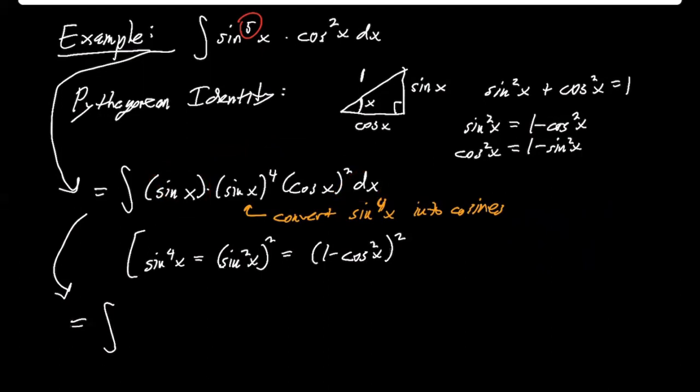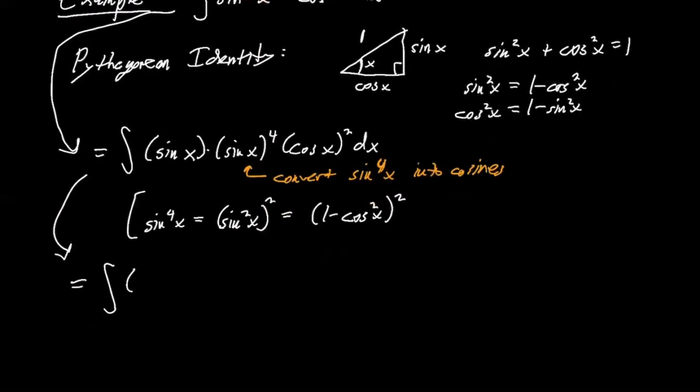So this is 1 minus cosine x squared, quantity squared, times cosine squared of x times sine x dx.